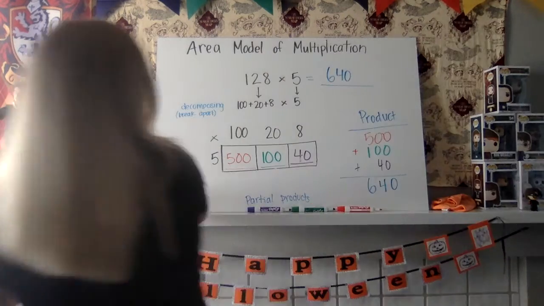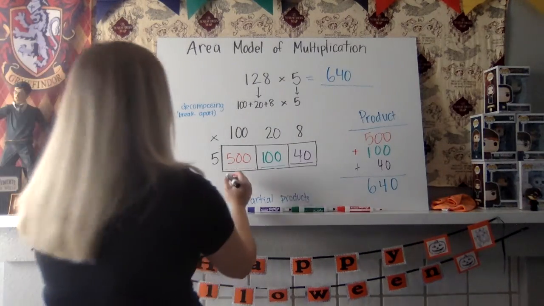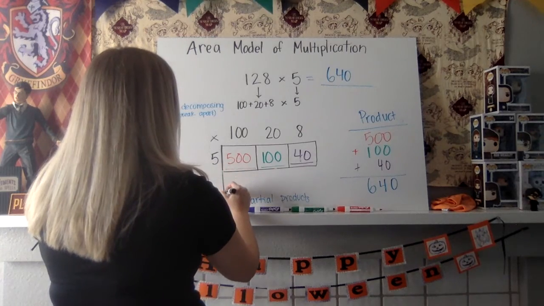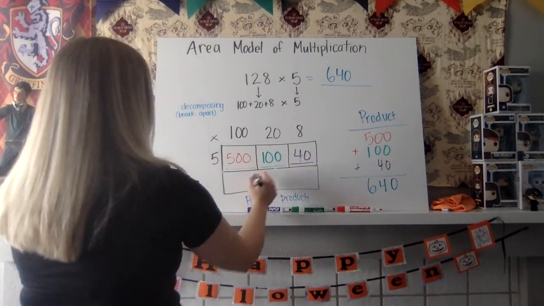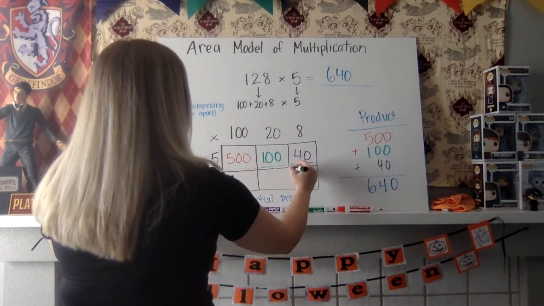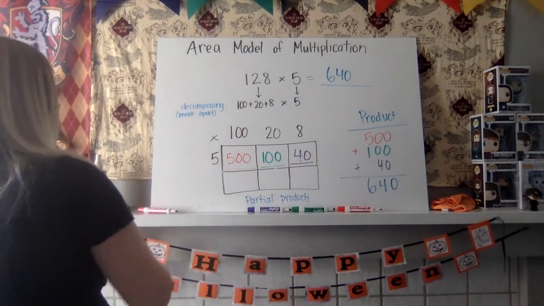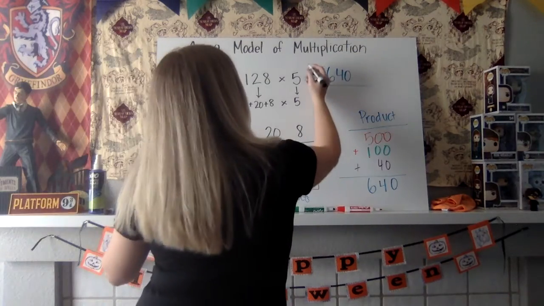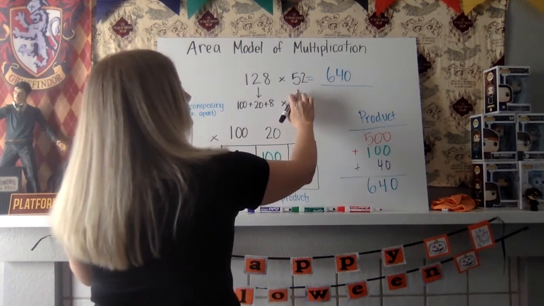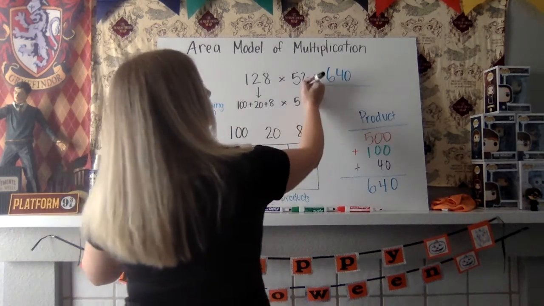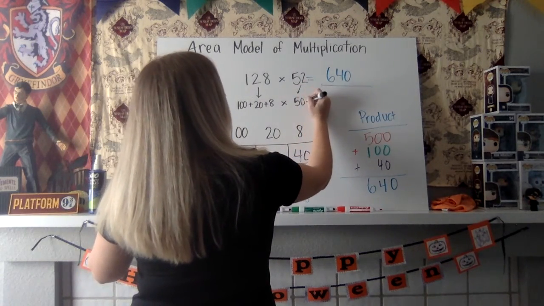Now let's just change it one little bit. Okay? So what I'm going to do is I'm going to turn this initial problem into a 2-digit number. Okay? So for our example, I'm going to turn this into 52. So what that means is our number will break down to 50 plus 2.